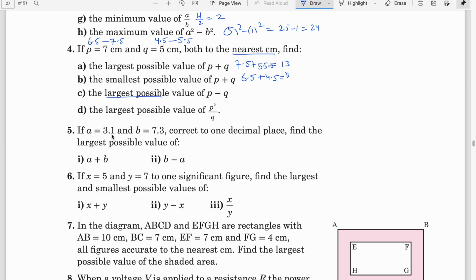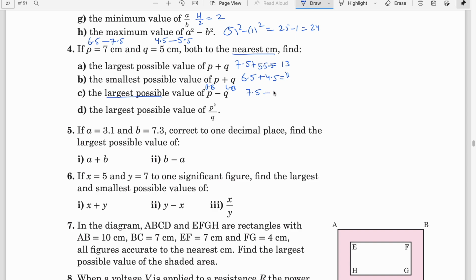Largest possible value of P minus Q. Aris, you're not participating. Aris, to get largest value, we need P upper bound and Q lower bound. So there is a greater difference. So upper bound of P is 7.5.